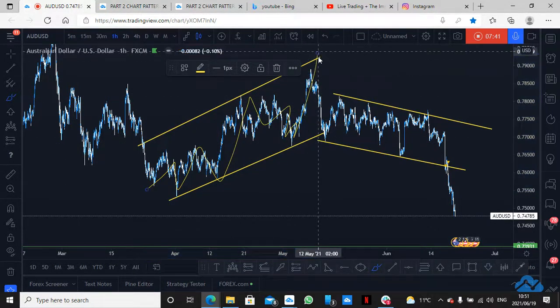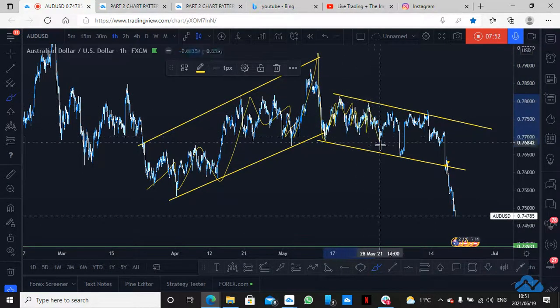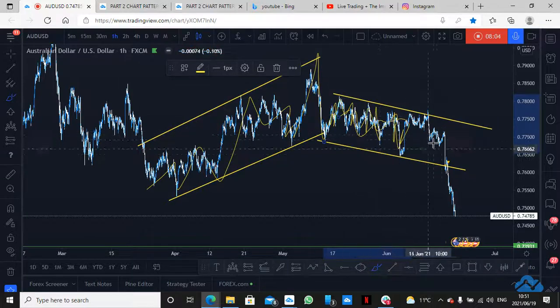So when we dropped here, guys, this drop should have triggered our entry. What we were hoping and looking for here is for price to make this correction, but not a very extended correction, because the bigger the correction, the more neutral the trade becomes.